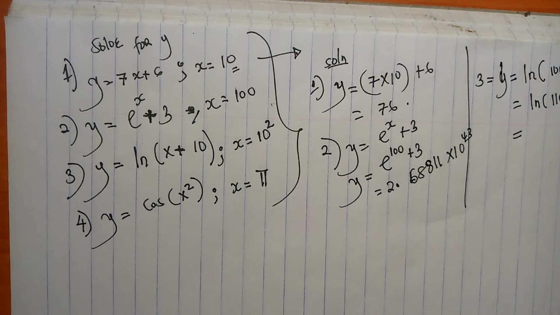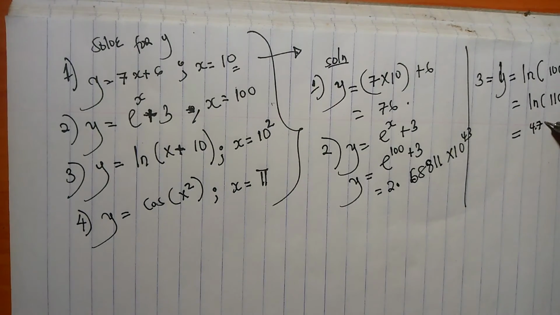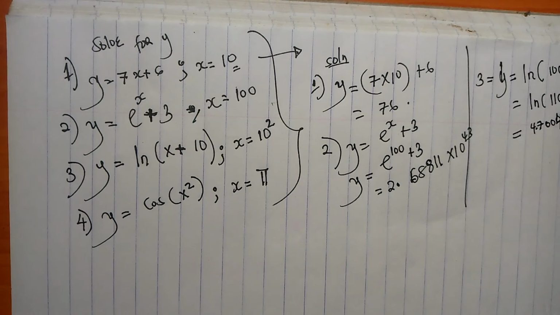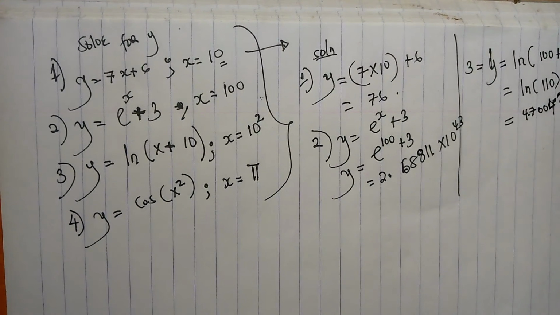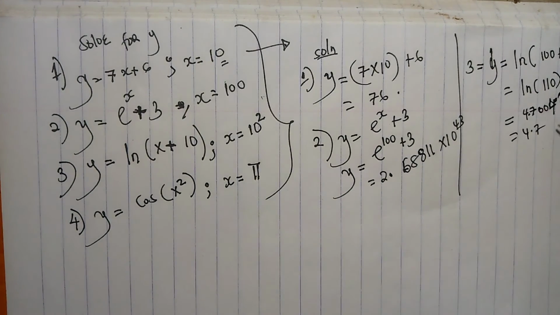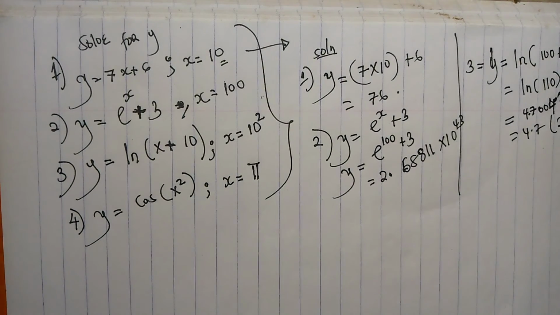Using a calculator, ln 110 gives you 4.700803666. Also remember, sometimes you can be given instructions to write only to 2 significant figures. So maybe the answer will be 4.7, correct to 2 significant figures. Significant figures we abbreviate as SF.